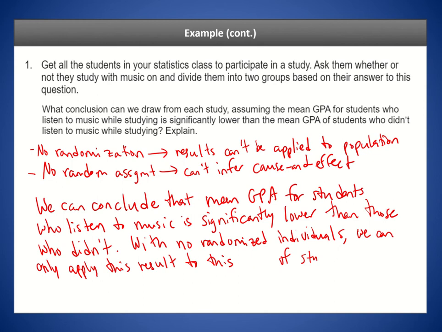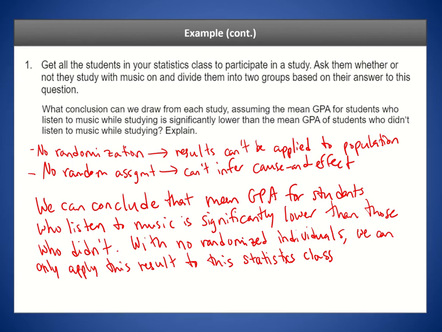I'm going to say to this statistics class. That might be easier. Just kind of reword this. Okay, so we can only apply the results to this statistics class in particular because we didn't randomize. So we can't be applying it to the population. We can't make generalizations about this.